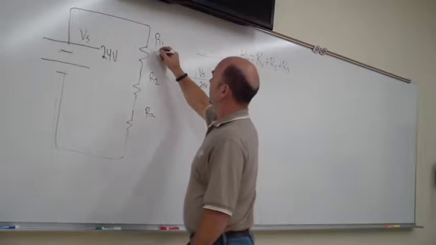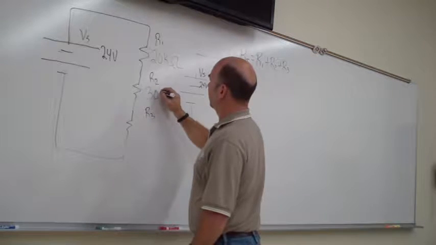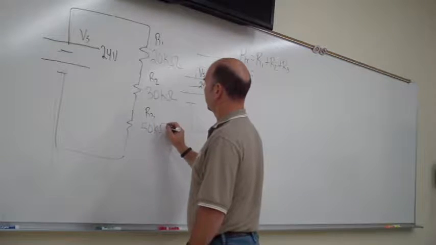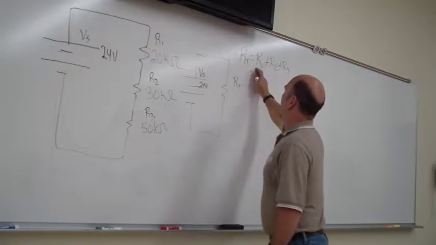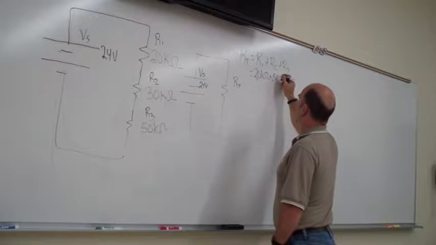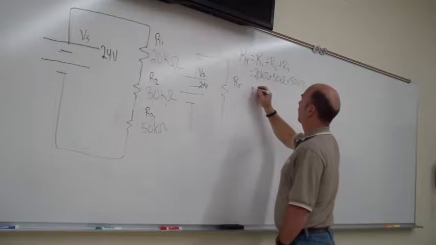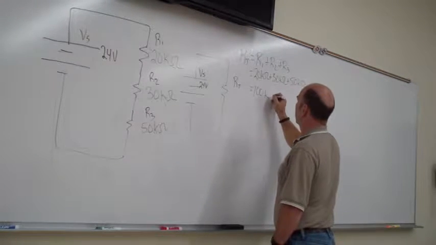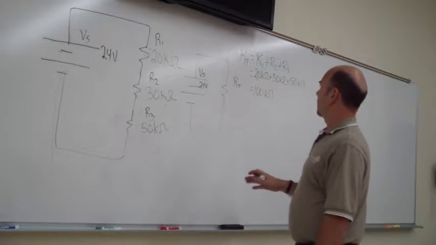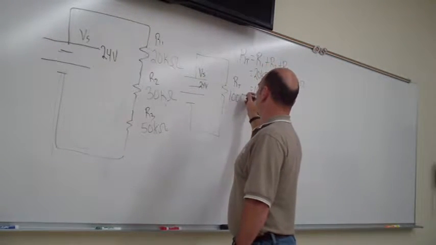If I had 20 k ohms, 30 k ohms, and 50 k ohms, R1 is 20k, R2 is 30k, and R3 is 50k, for a total resistance of 100 k ohms. The total resistance over here will be 100 k ohms.